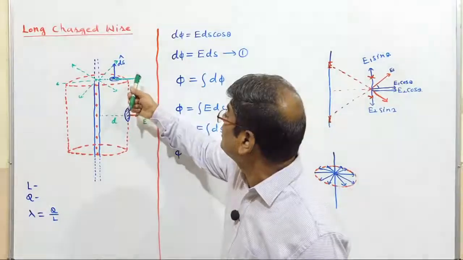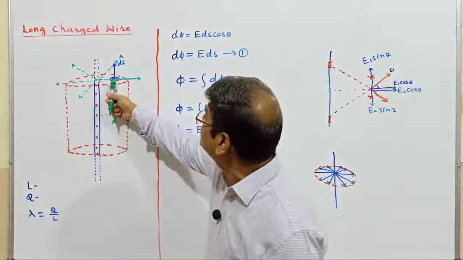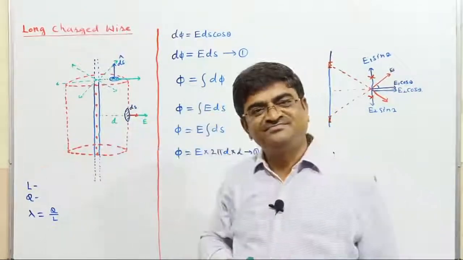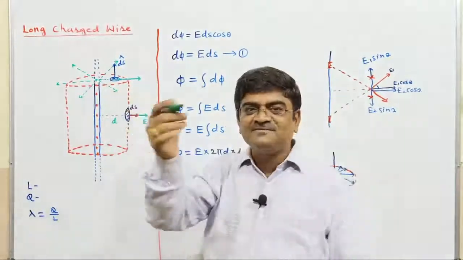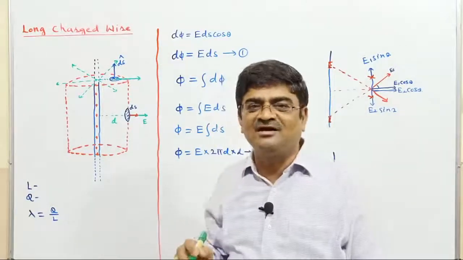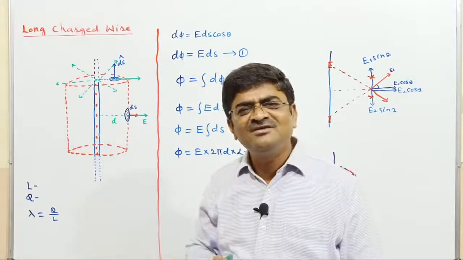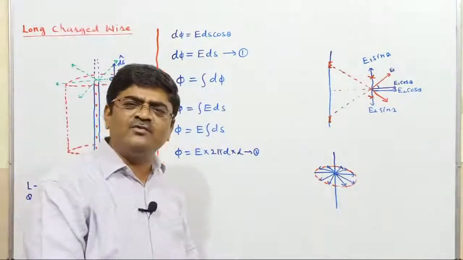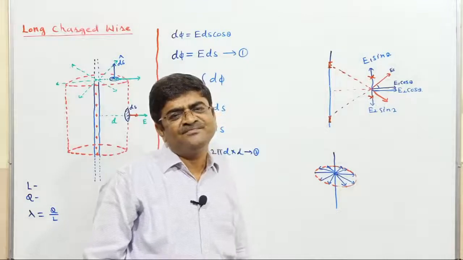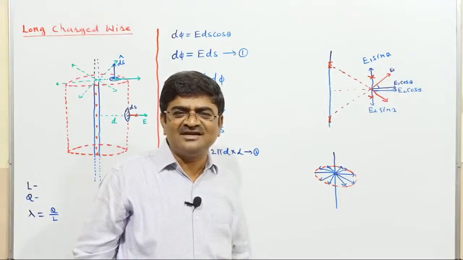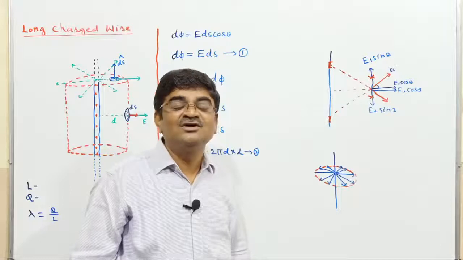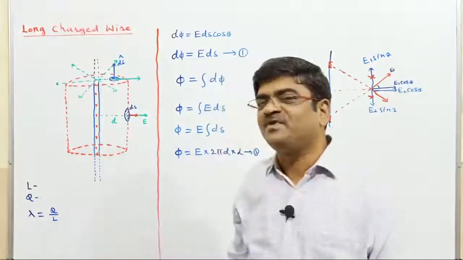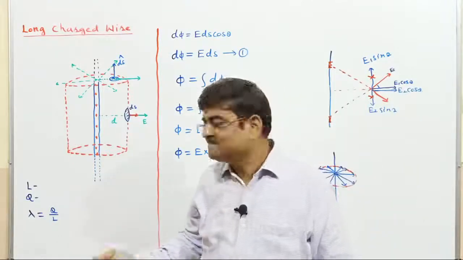The angle made by electric intensity with the area vector of the circular section of the cylinder is 90. And when you take up the calculation of flux, again you will go with E ds cos theta. Theta you will get as 90. Cos 90 is 0.